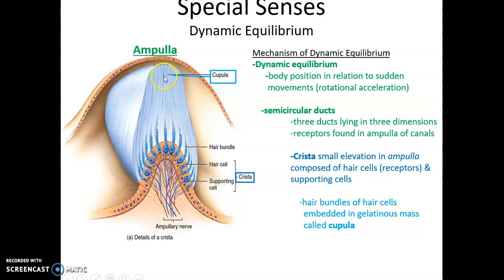And then there's this structure called the cupula, so that the hair bundles of the hair cells are embedded in the cupula, this gelatinous mass.